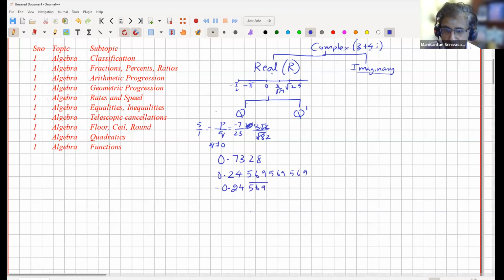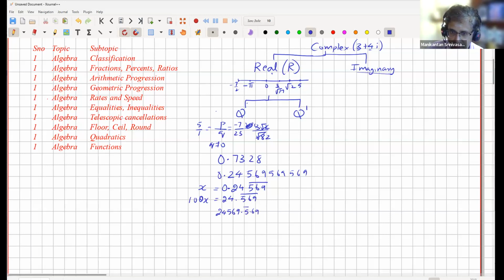And then how do we make sure it can be written as a fraction? The standard trick is move it by so many decimals so that the repetition starts right after the decimal point. So in this case, I'll multiply by 100. So that will bring it to 24.569 bar. And then if I multiply this by a further 1,000, then I get 24,569.569 bar.